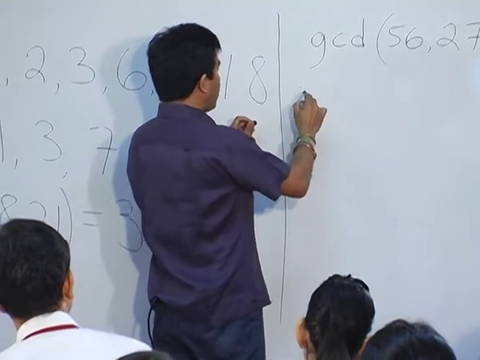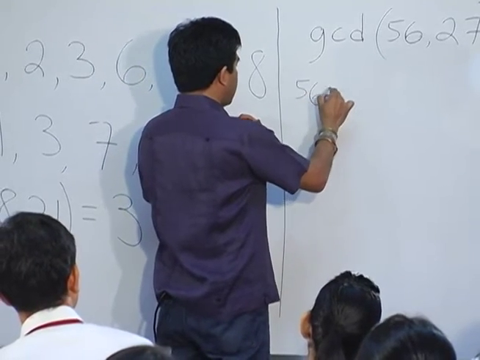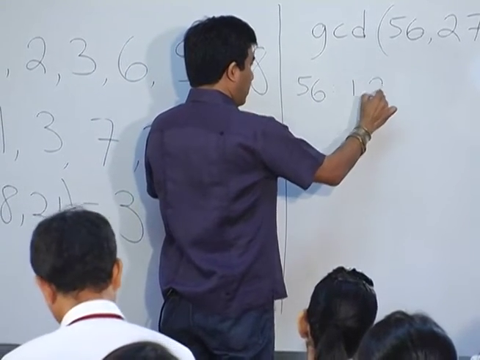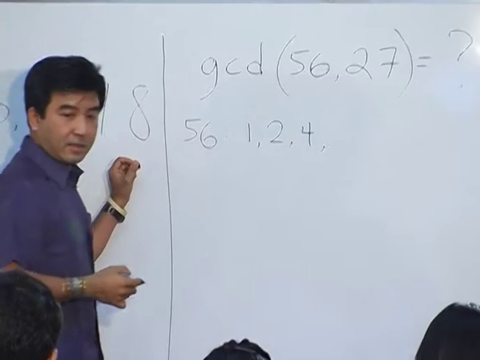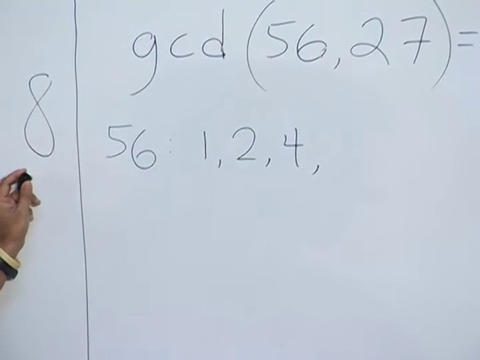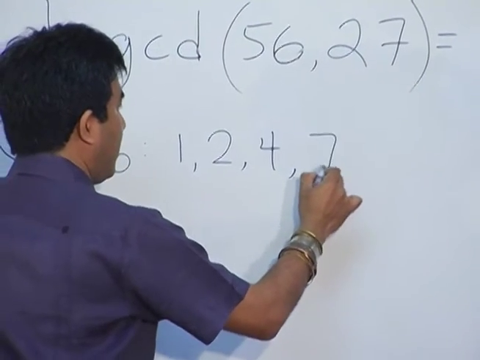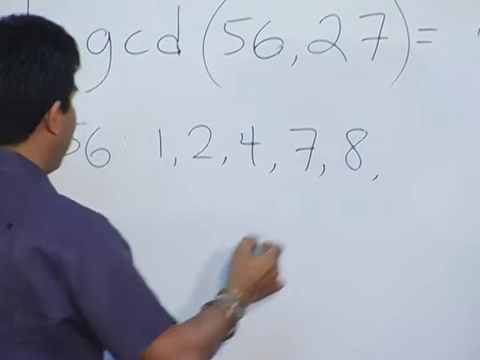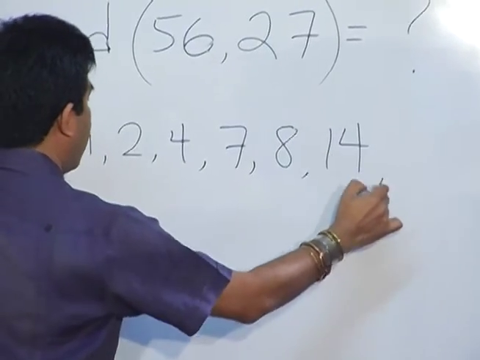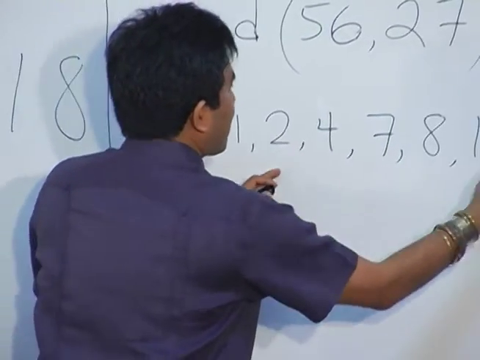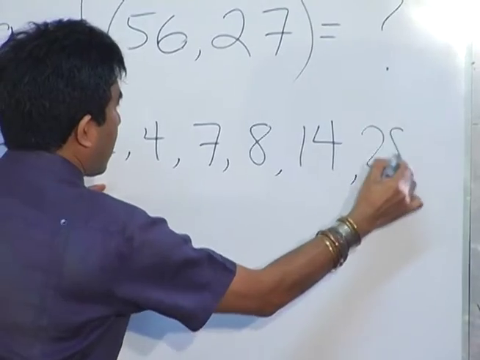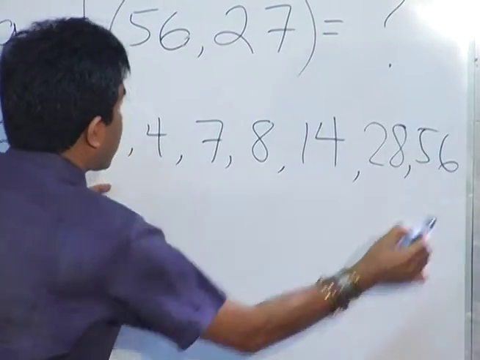We list down all the factors of 56: 1, 2, 4, 7, 8, 14, 28, 56.